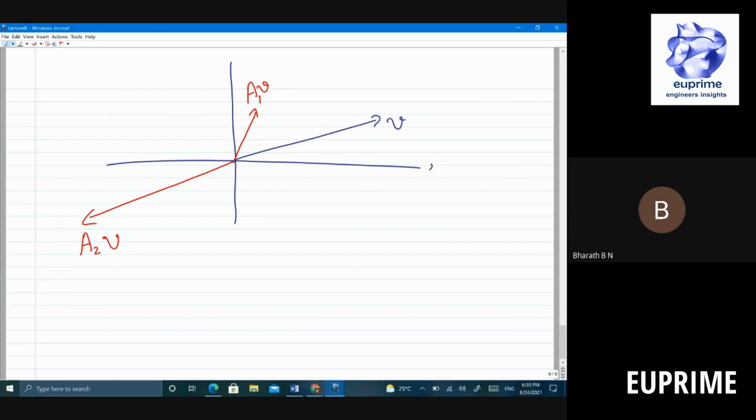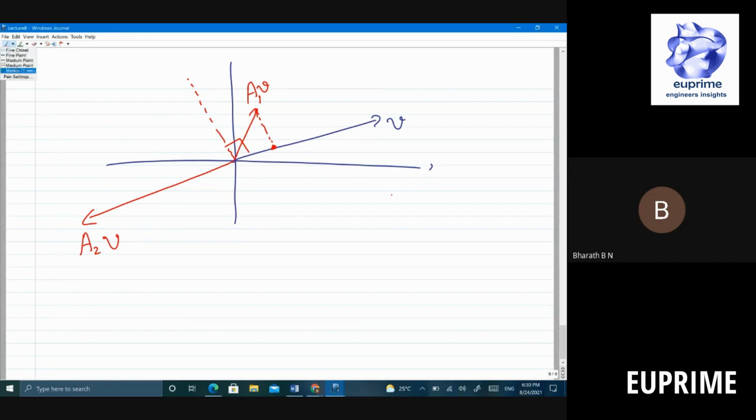A1 rotated the vector by less than 90 degrees. So that means this is orthogonal to v. And now if you take the inner product of Av with v, what do you get? A positive number, right? Whenever A rotated the vector by less than 90 degrees and you take the inner product, you'll always get a positive number.